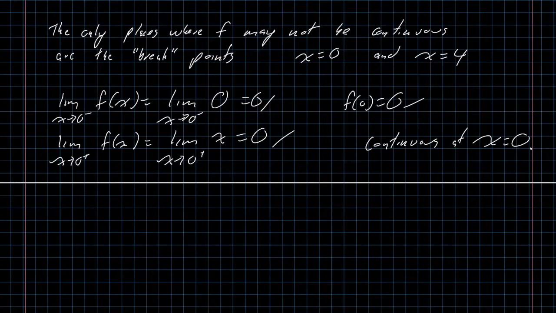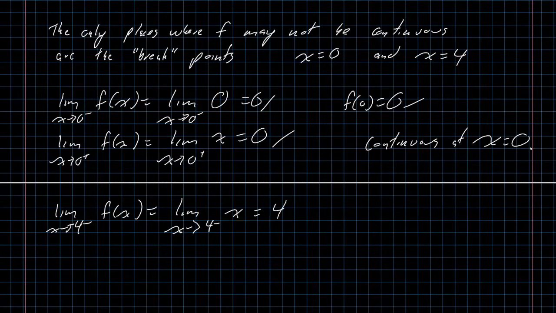Try that again with x equals 4. The limit as x approaches 4 from the left of f of x is the limit as x approaches 4 from the left of x, which is 4, and the limit as x approaches 4 from the right of f of x is the limit as x approaches 4 from the right of negative 1/4 x squared, which is negative 4.